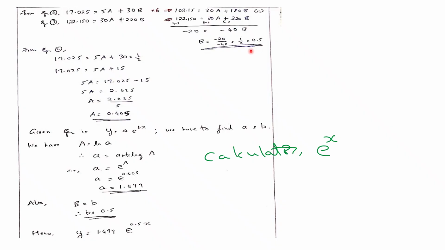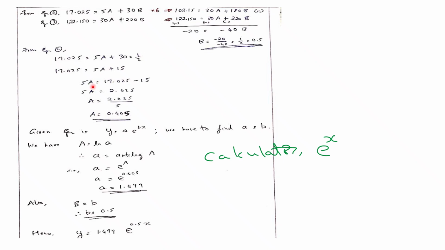Now in order to calculate capital A, you may use either the first equation or the second, anything. We will use the first equation. So 17.025 is equal to 5a plus 30b. What is b here? We have calculated b, that is half. So 30 into half is 15. So this equation we get. Now our aim is to find a, right?